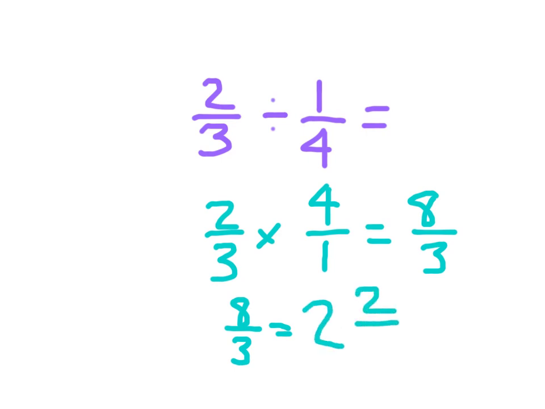Did you say 2 and 2/3? If so, I guess you passed the test this time. Just follow the steps, figuring out that reciprocal and multiplying it with what it is that you are dividing. And remember to put things back in simplest form.